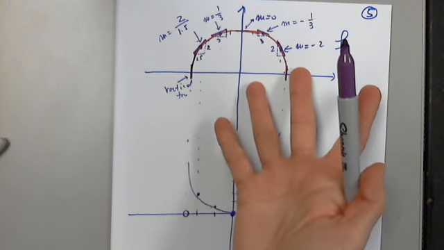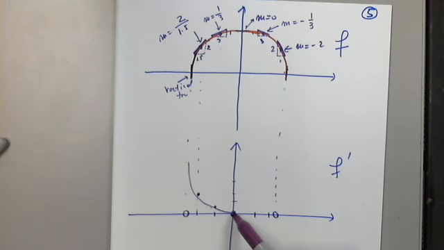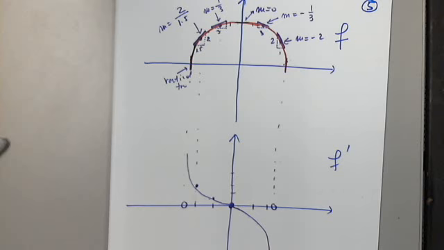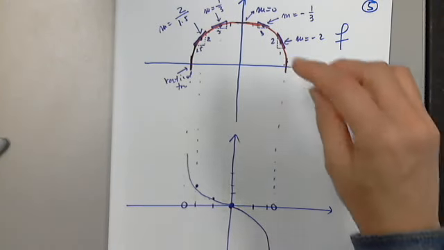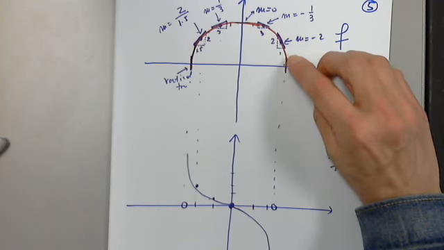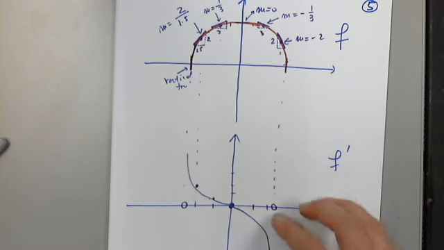Since this is symmetric on the other side, the derivative obviously will be symmetric, but negative, of course. All these numbers are negative. So from small negative to bigger negative to bigger negative, but it's undefined at that point.